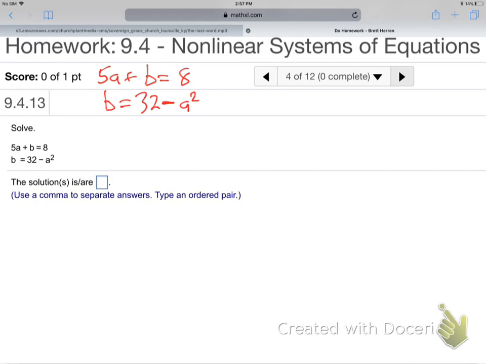So what would be the easiest letter to solve for in the top equation? B, because you don't want to solve for a because you'd have to divide by that 5 and that would make fractions, right? So it's easier to just grab this top equation, jump the 5a over, and we'll get b equals 8 minus 5a.